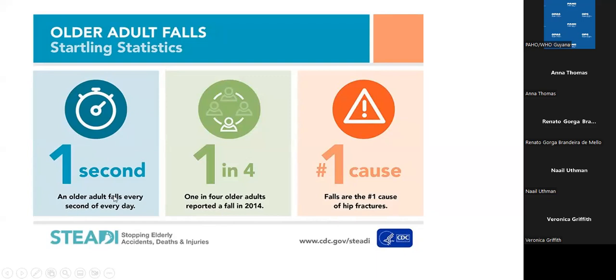An older adult falls every second of every day in the world. 1 in 4 older adults reported a fall. And falls are the first cause of hip fractures. So these two problems are interconnected.